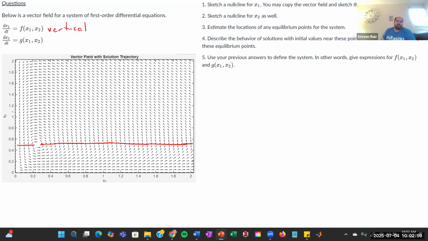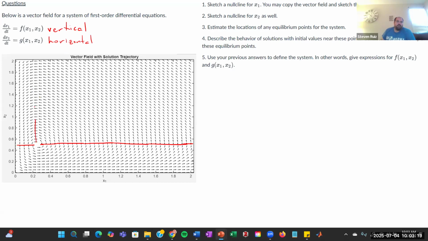So now let's look at a null line for x2. x2 is the variable I'm graphing on my vertical axis. What's it going to look like if dx2/dt is equal to 0? Those are going to be horizontal. So where do I see horizontal slopes?